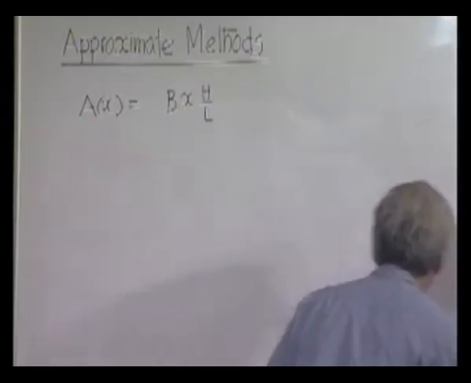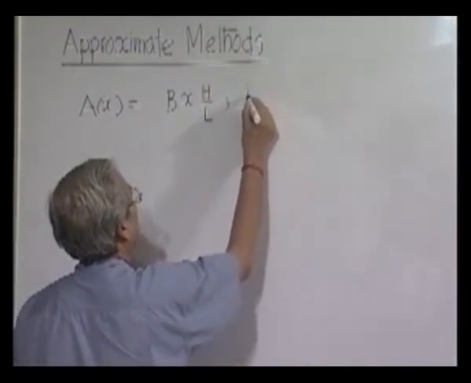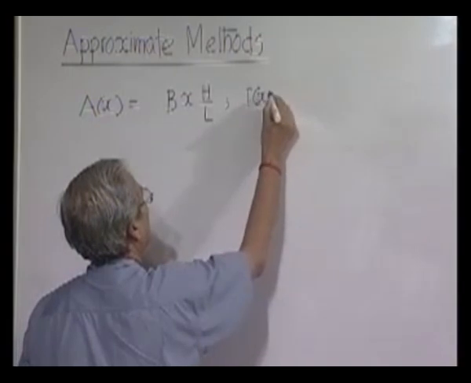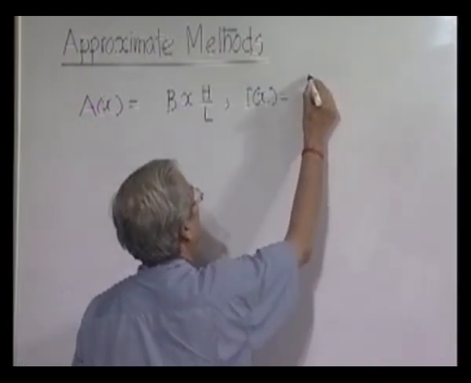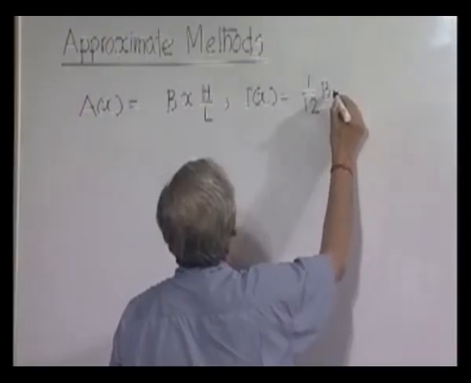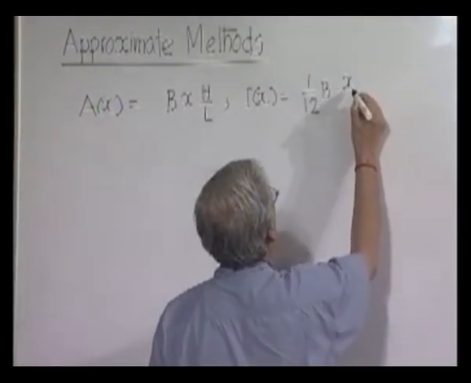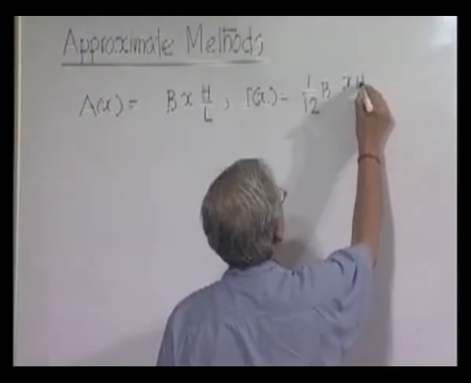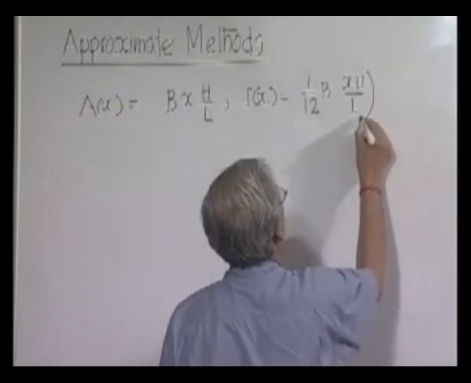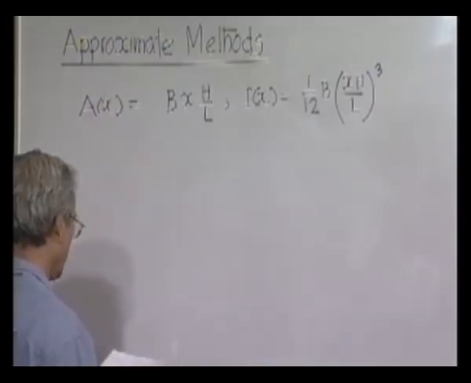Similarly, the second moment of area, that is I, will be B into xh by L cube, upon 12. E is constant.